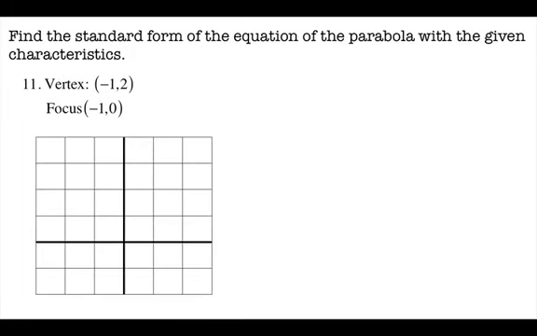Find the standard form of the equation of the parabola with the given characteristics. Notice in this case the vertex is no longer at the origin. So if you were to sketch the information, this is what you have. Get a pen. So notice that the distance from the vertex to the focus is 2, but since it's opening down, it's -2.